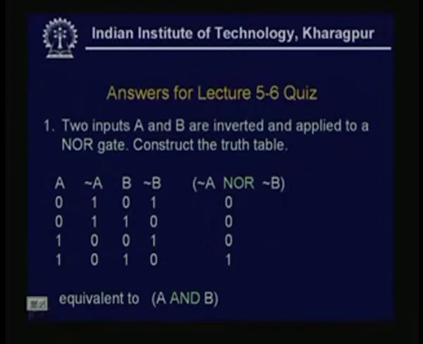See that if negation A means 1 and negation B is 1, if we take OR, 1 plus 1, then it will be 1, then complement of that will be 0.